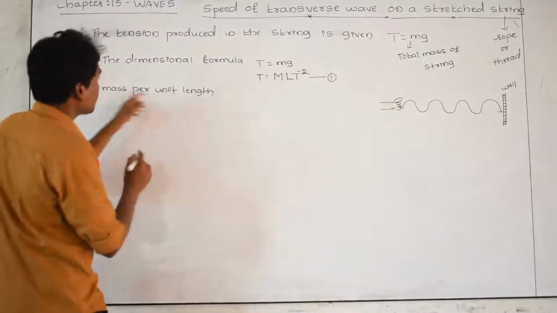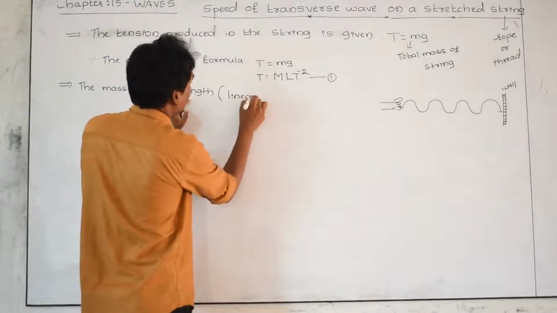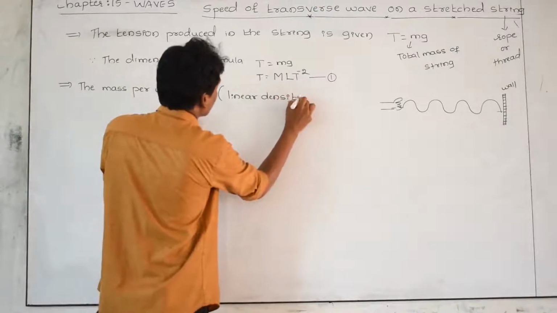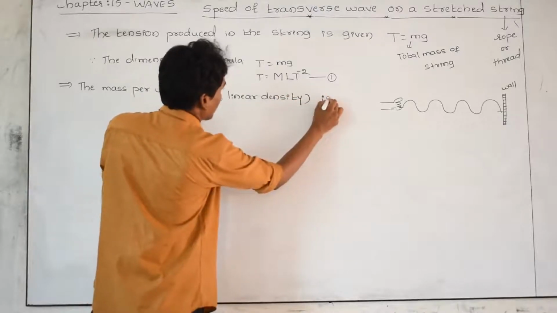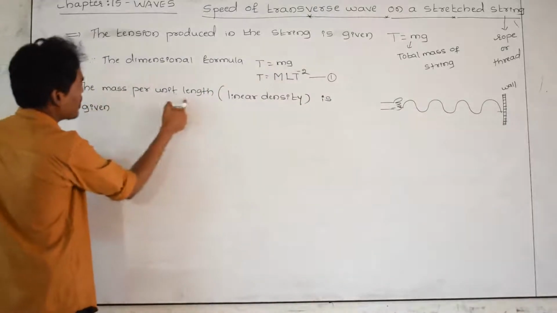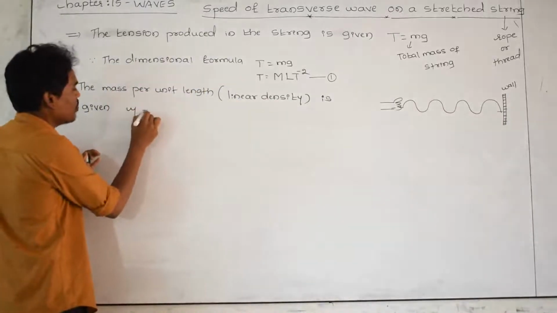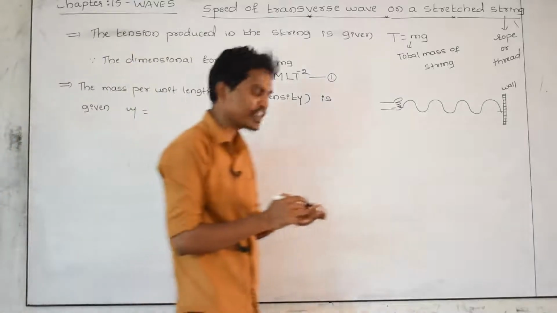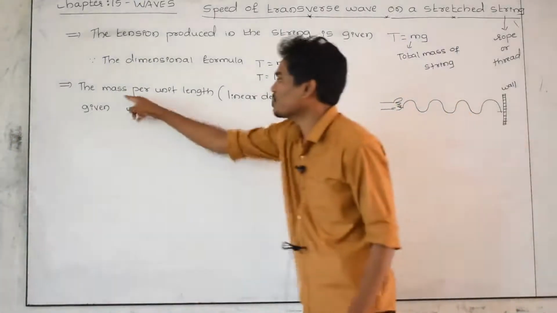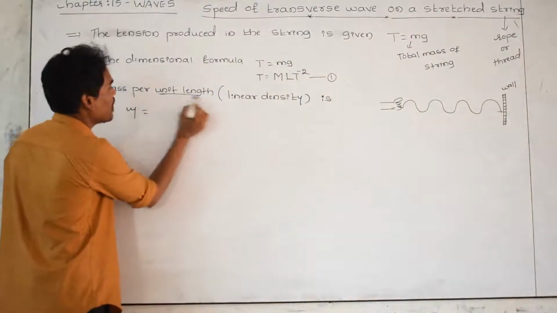Therefore, the mass per unit length is also called linear density. What is the meaning of this? Linear density is given by the formula as mass per unit length, indicated as mu. Before going to this, what is the difference between m and mass per unit length? Per unit length means 1 meter.